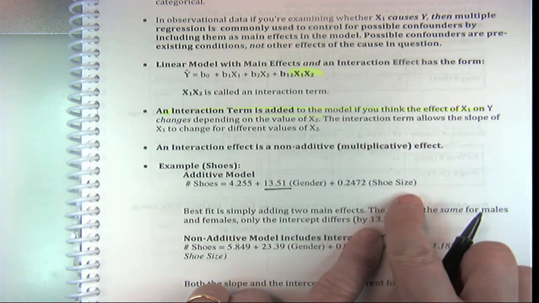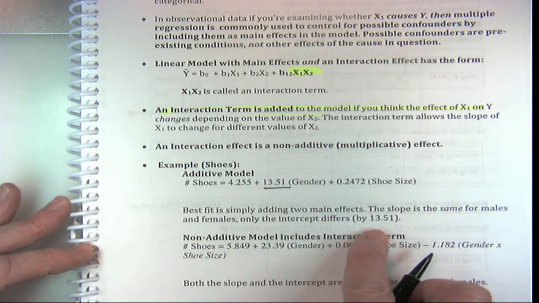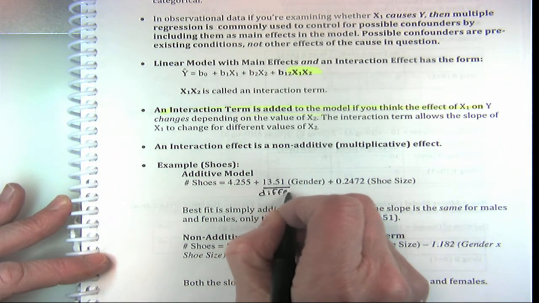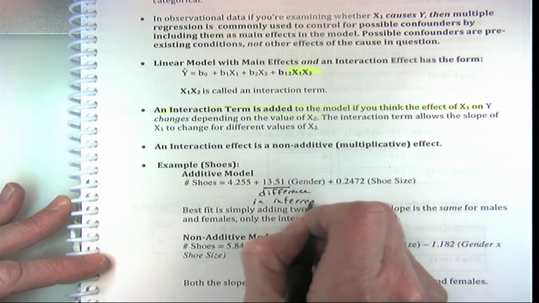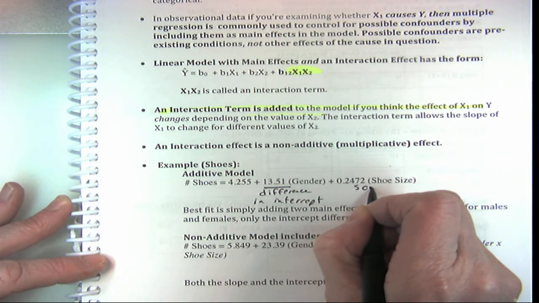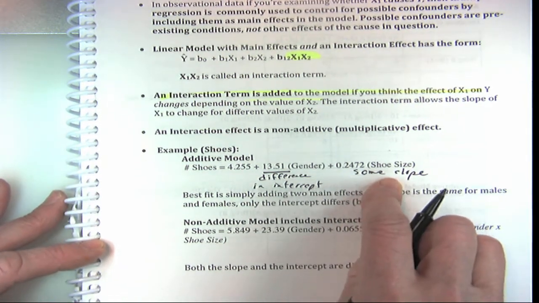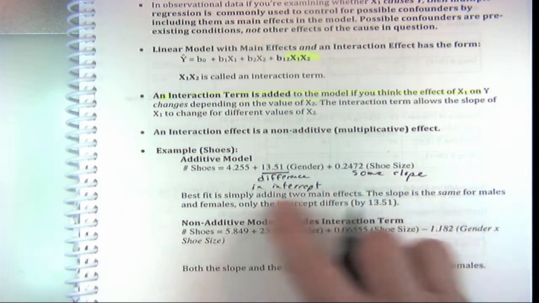But we had the same slope. So this showed that the intercepts differ by that amount. This would be the difference in intercepts between the two groups. But they have the same slopes without an interaction term.